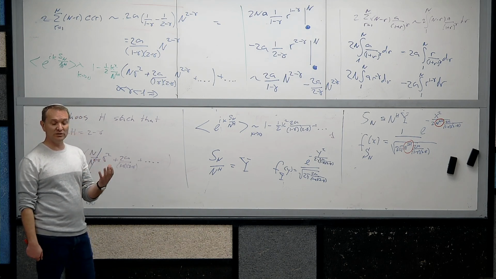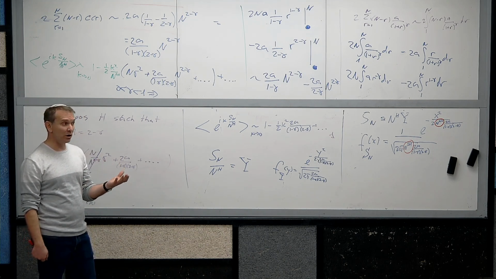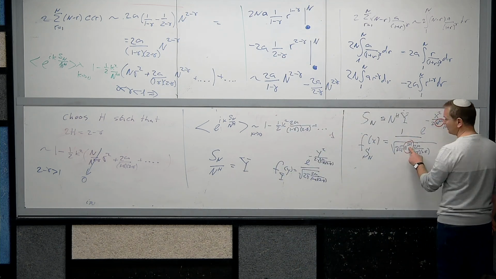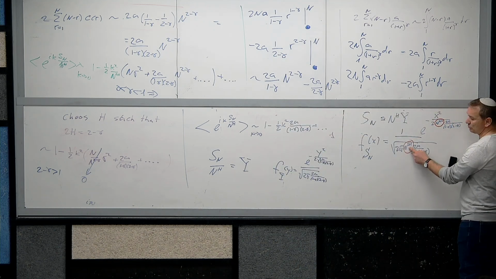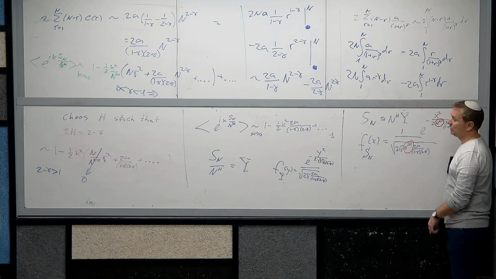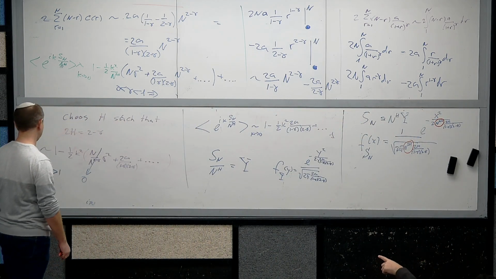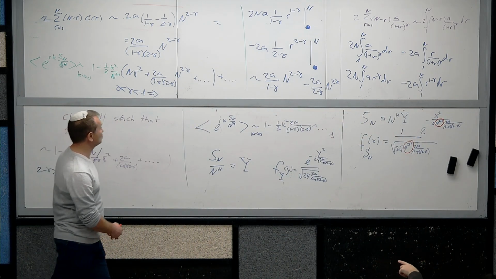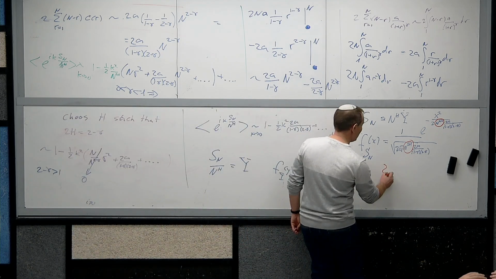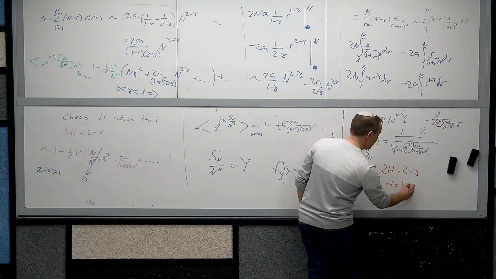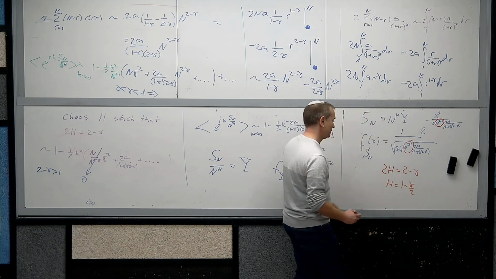We look at particles that are correlated. The correlations are parallel. And here instead, the power is modified. Instead of 1, it has 2h. And 2h, I remind you, is 2 minus gamma. 2h equals 2 minus gamma, or h equals (2 minus gamma) divided by 2.